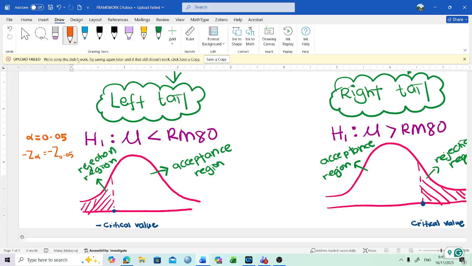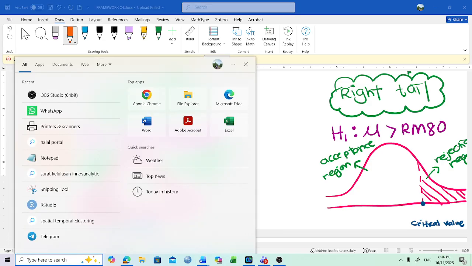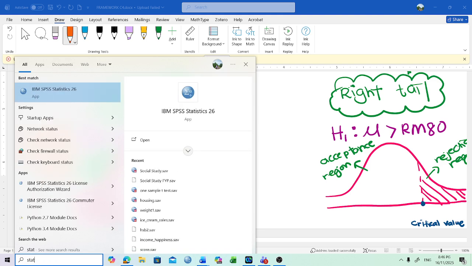Then you look for the number in your statistical table.